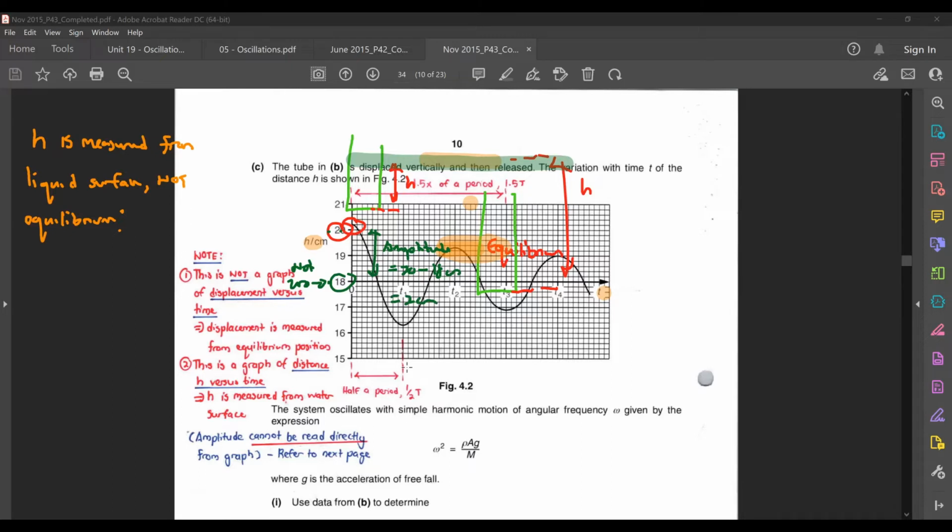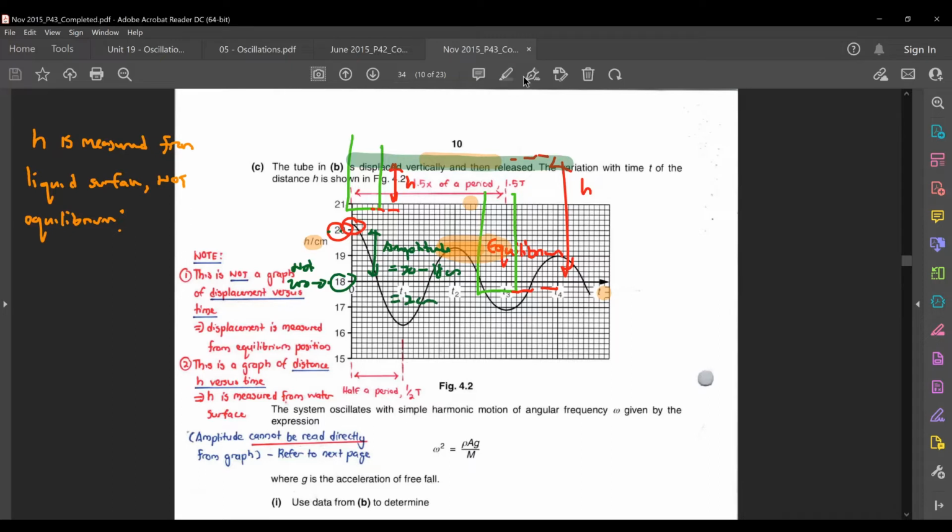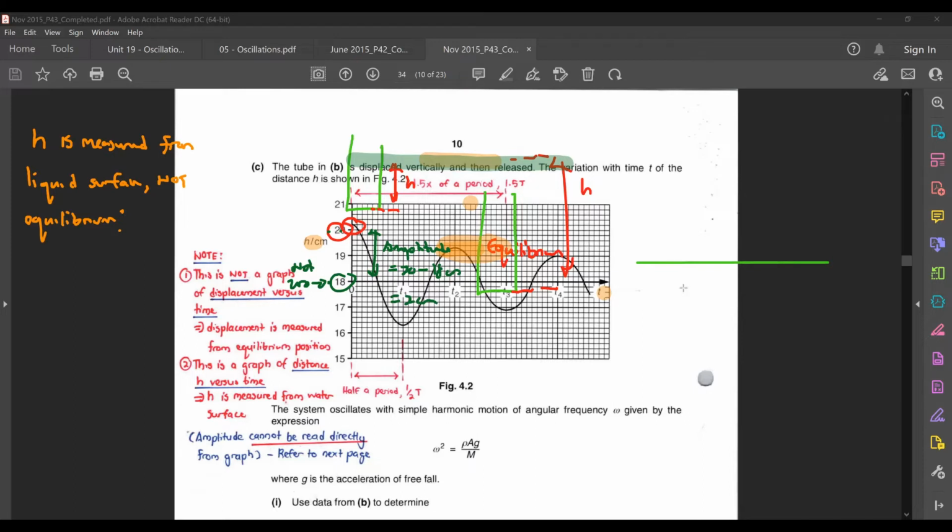To make sense of why it is like this, you can just think of it as this now. It could be that my water level is here, like this. At equilibrium, my object was somewhere here. This one is say at equilibrium now. This is where h was 18 centimeter. Now at 20 centimeter, that would mean that I'm at a much larger height.